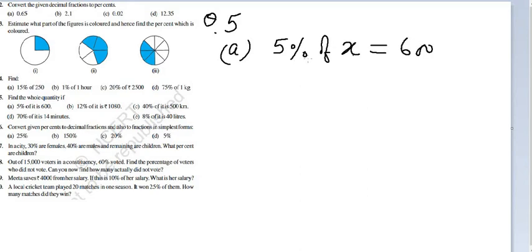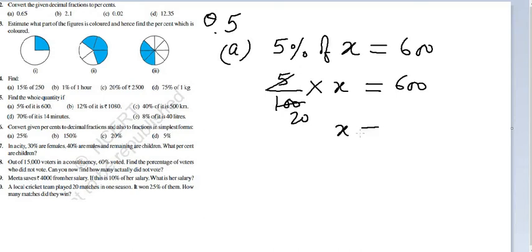It is 5% of the total quantity, we know 600. So we have to find the value of X. What is the total quantity? So we solve it like this. 5% means 5 upon 100. Of means into, X means the total quantity, equals 600.